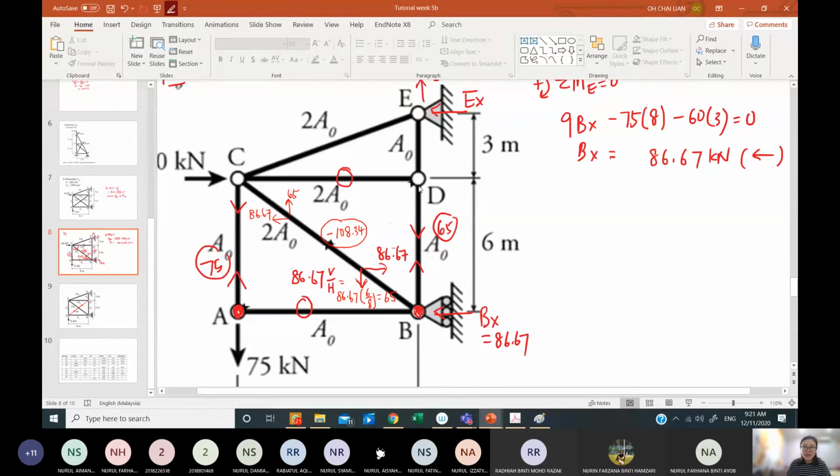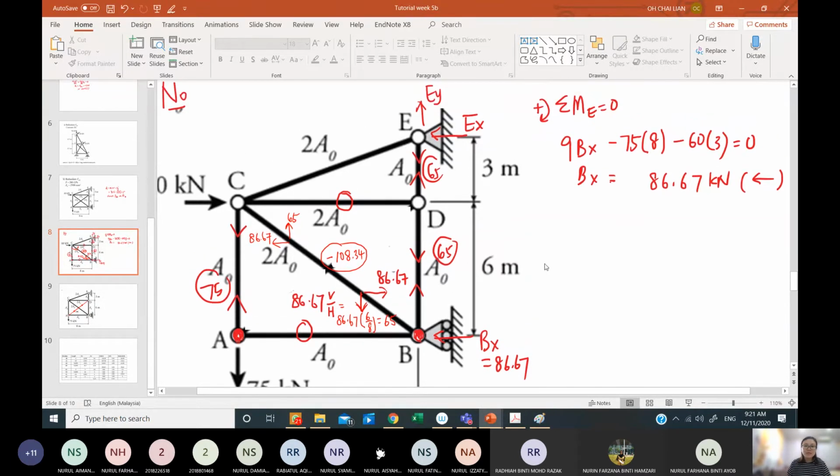Because I have DB with 65 going down, I must have another one going up. So still tension, 65. You cannot solve at E, because at E you still have two horizontal unknowns and two vertical unknowns.